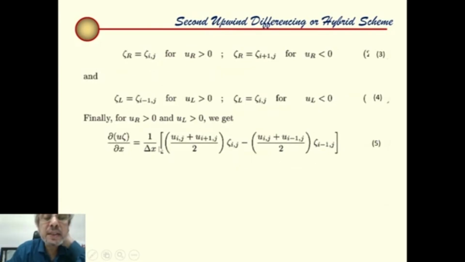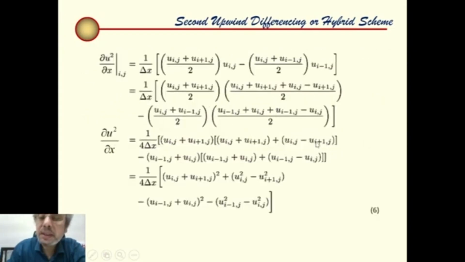We'll substitute this value of u that we have already taken: ui plus 1j plus uij by 2, and then zeta ij will be uij. Similarly, uij plus ui minus 1j by 2, zeta i minus 1j, we will write ui minus 1j.